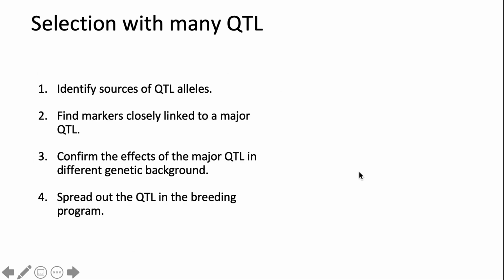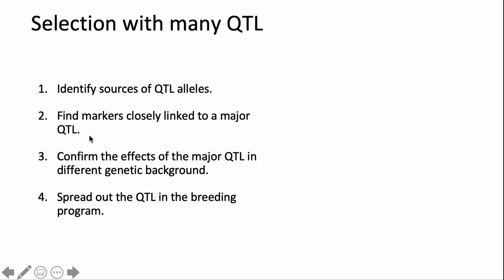So again, remember that we have these 4 steps to use the information that we can detect in a QTL analysis, or basically to implement QTL regions into the breeding program.